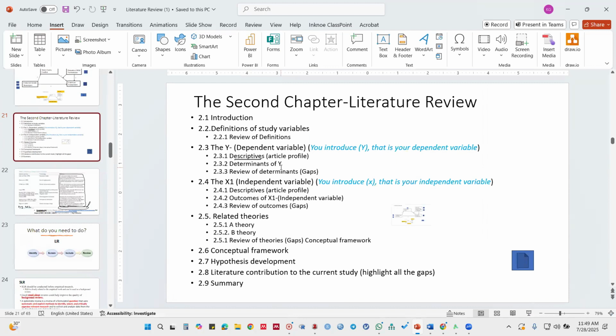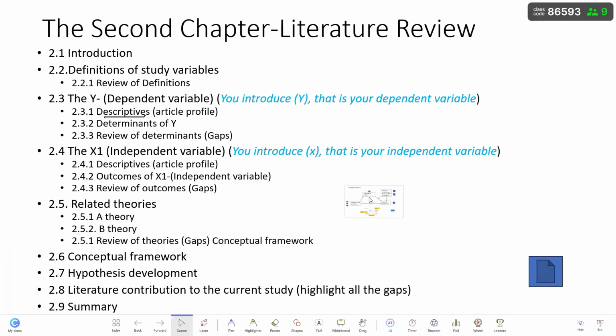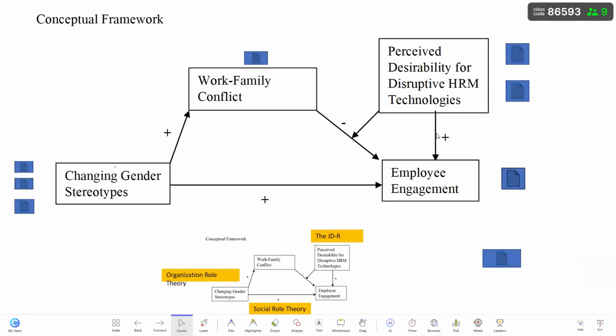Then determinants. In this case, there is no determinant to take for the independent variable, but for the dependent variable you need to take determinants, and for the independent variable you need to take outcomes.